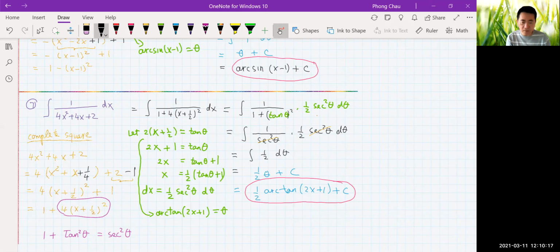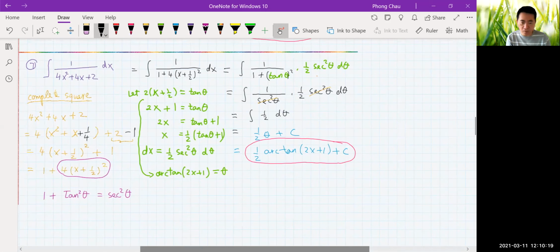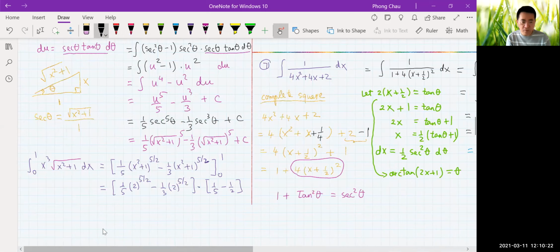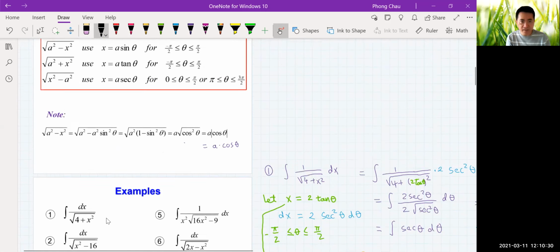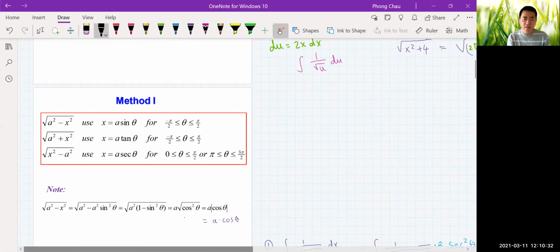And other times it might be in disguised form. So if you do homework, you might not see the exact form that we did. Sometimes you might see the integral in the form where it's just a power, right?